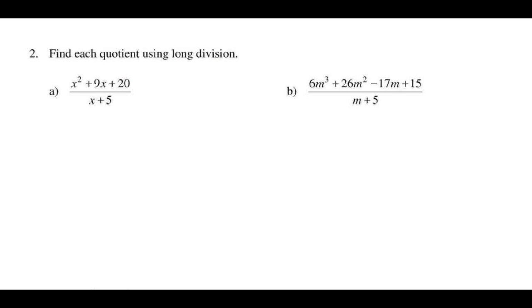Now, the first thing we have to do here is to set these up in our long division pattern. So we take our denominator, put it out here on the side, and we want these in descending powers, and we just write it there.